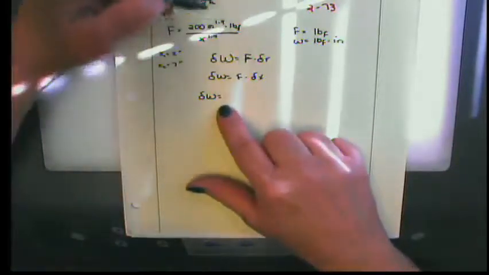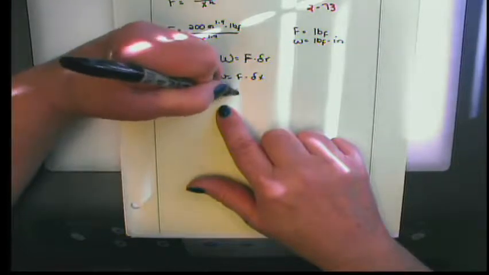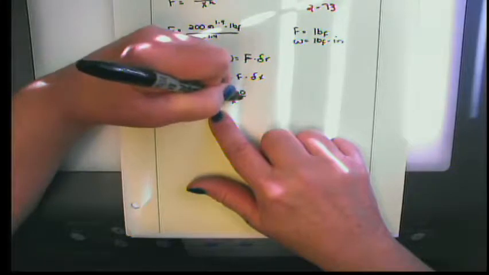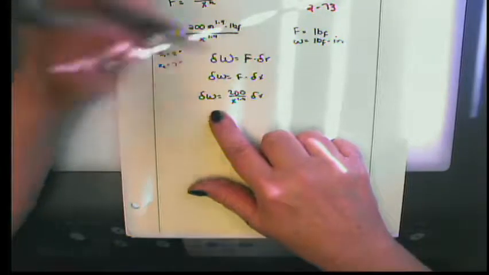Okay? So anyway, at this point, we're going to have 200 over x to the 1.4 del x.